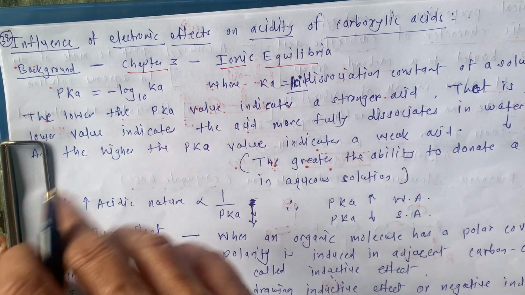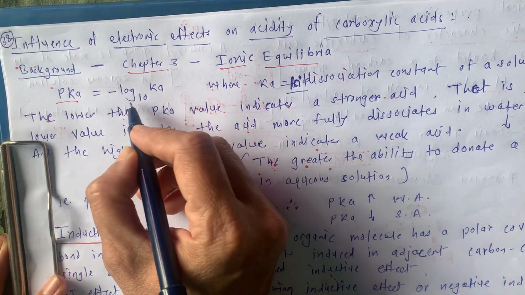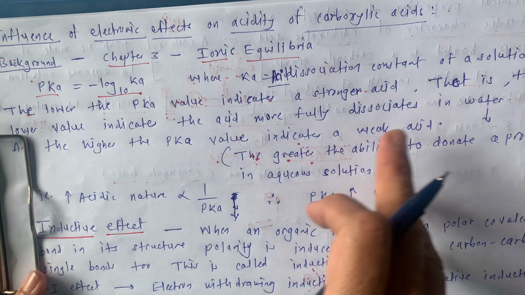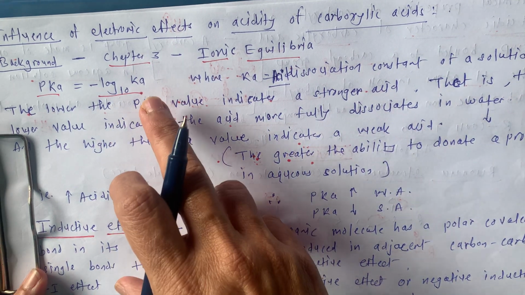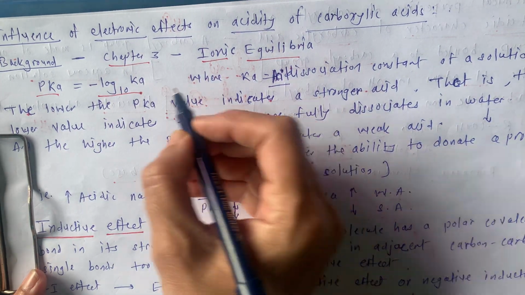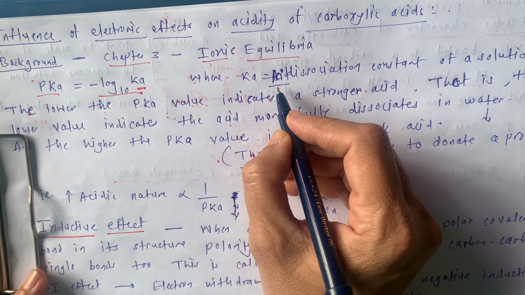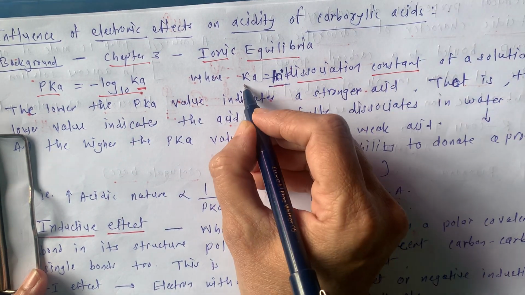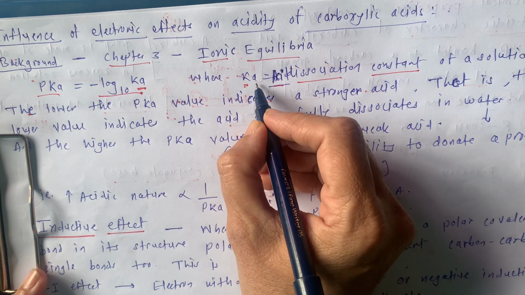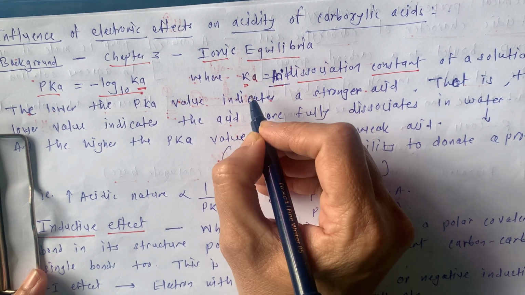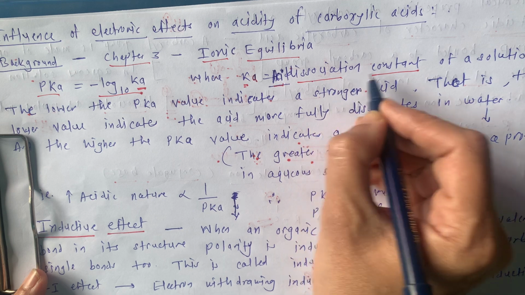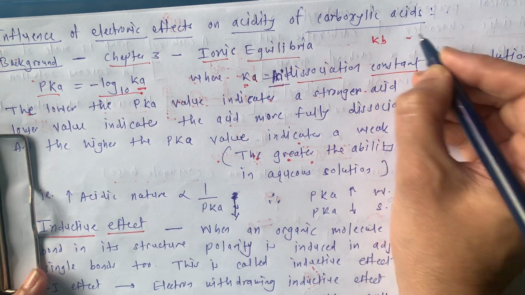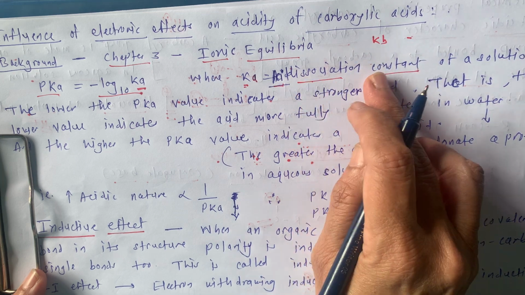So what is this pKa and what is the formula? We first see this, and then I will explain how it is related to the acidic character. This Ka is nothing but the acid dissociation constant. K we know is the constant, and when A is written like this, it is the acid dissociation constant. If it is Kb, then it is the base dissociation constant.